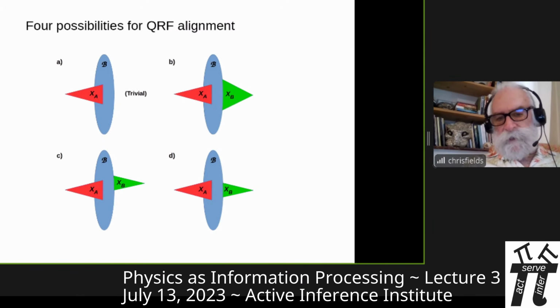In panel C, we have agents with QRFs of the same size on the boundary, but they're not lined up correctly. So each one misses part of what the other is doing. And finally, in D, we have the optimal situation where they have QRFs of the same size and they're actually lined up.